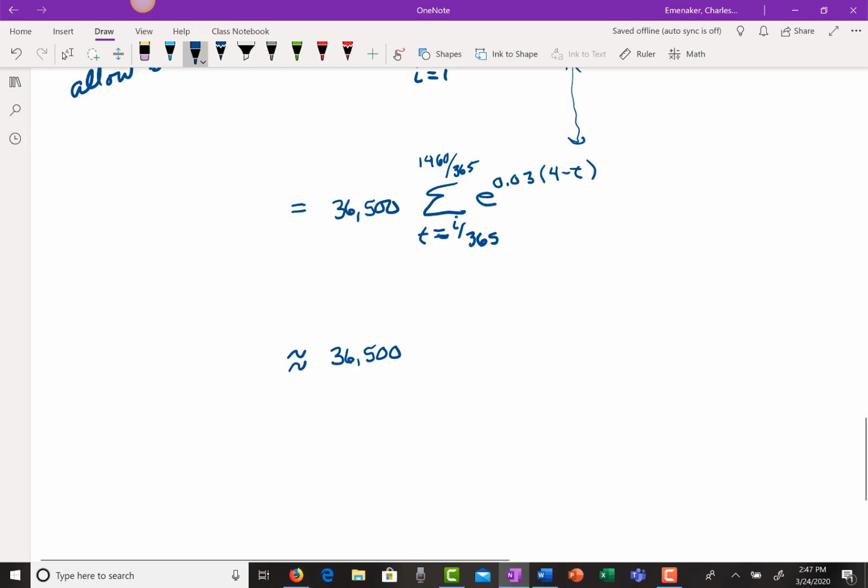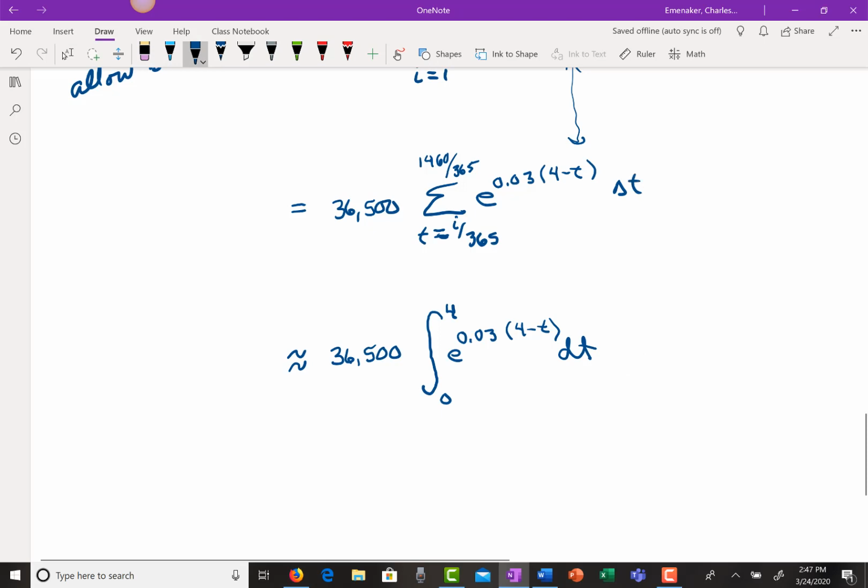Instead of summing up the individual parts, as t goes to 0 and you have an infinite number of parts, we're going to integrate from 0 to 4, e to the 0.03 times 4 minus t dt. Oops, I forgot the dt up here.